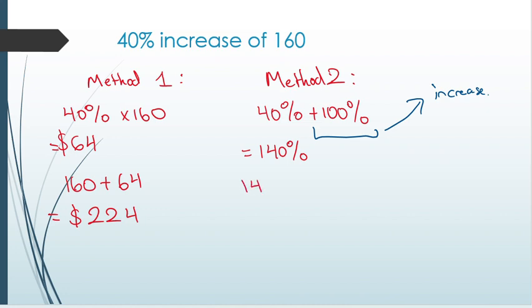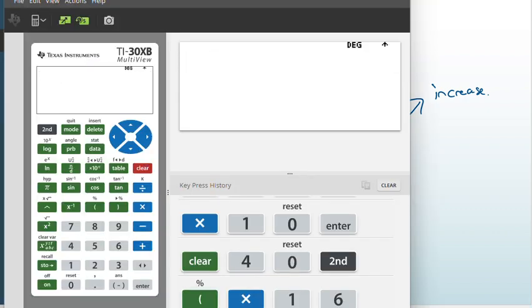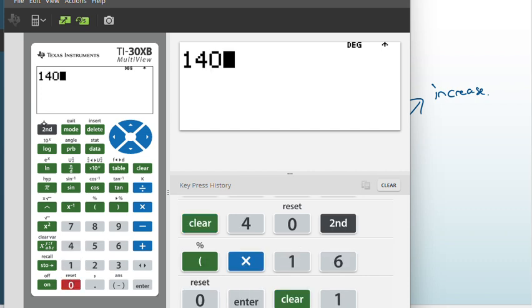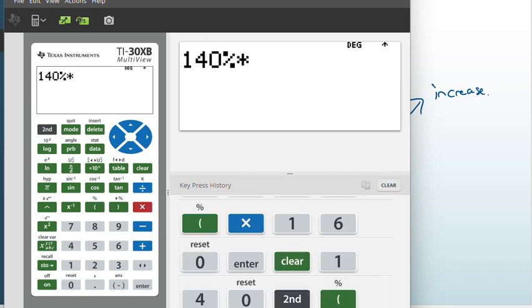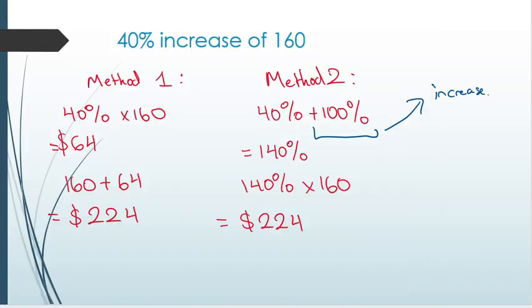And now we find 140% of 160 here. If you type this on the calculator, you will still end up with the same answer. So let's just do this. 140 percentage times 160 equals 224 here. So just based off what we saw.